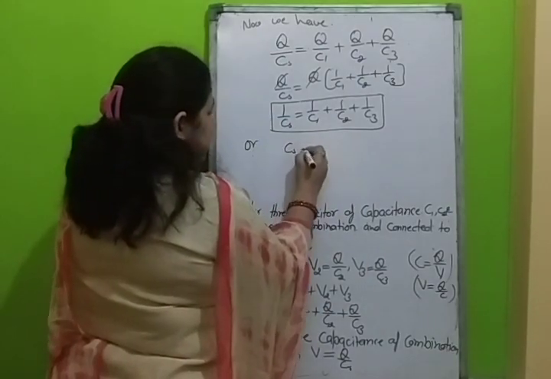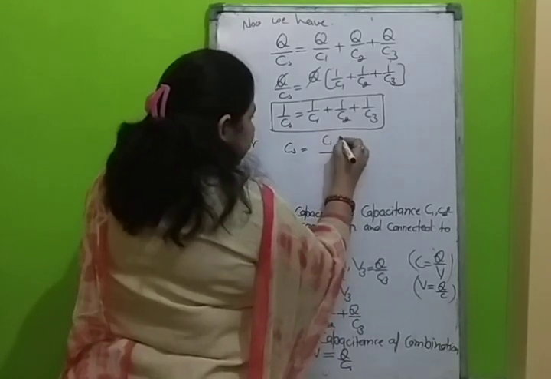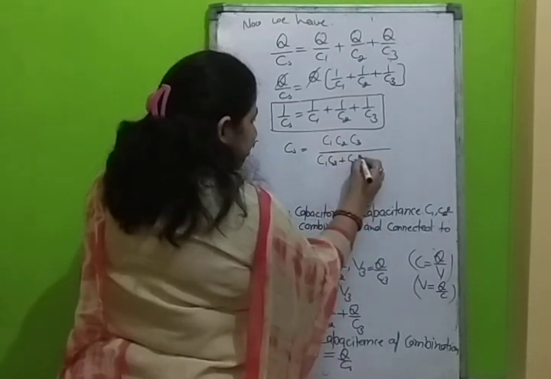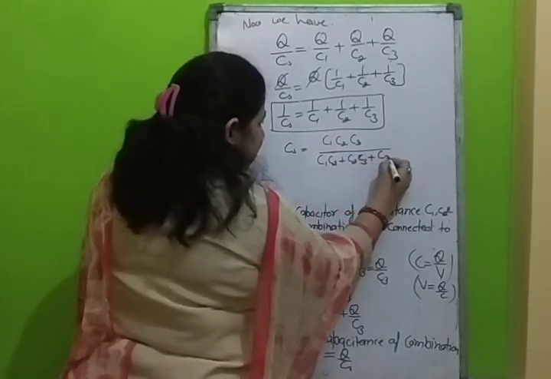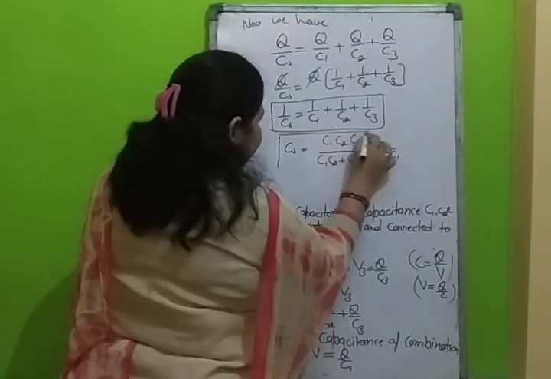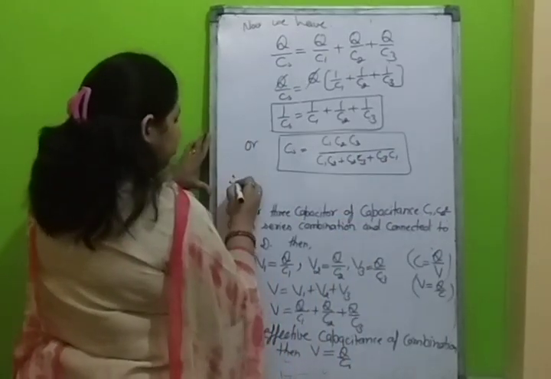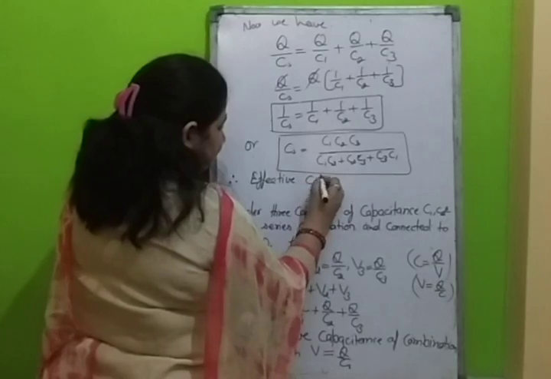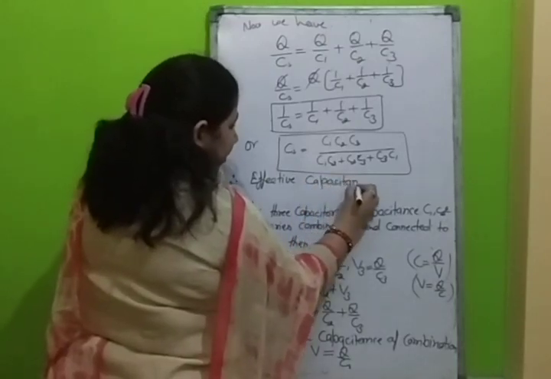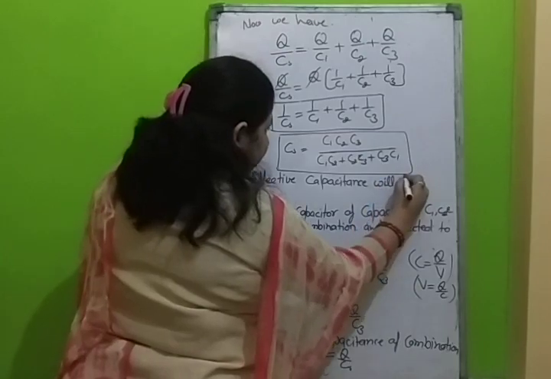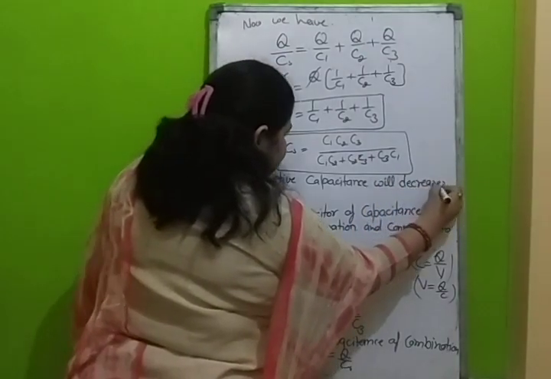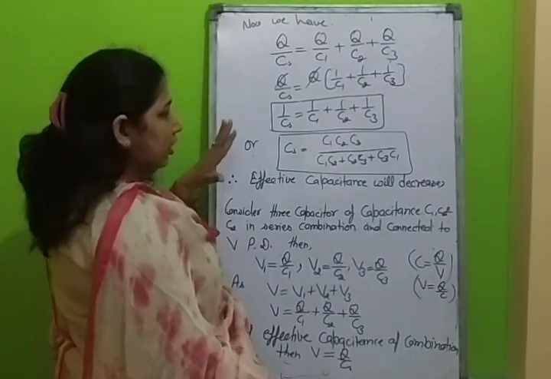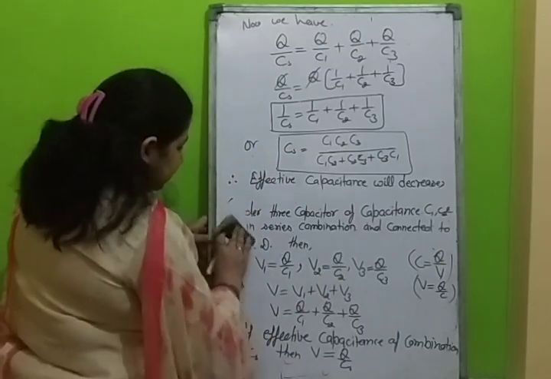Or C series is equal to C1C2C3 upon C1C2 plus C2C3 plus C3C1. Therefore, the effective capacitance decreases. Got it? This is the effective capacitance for a combination of series capacitors.